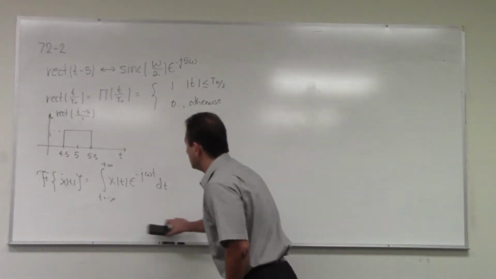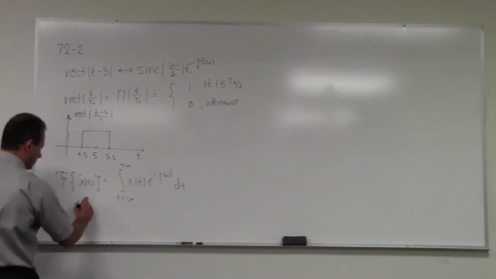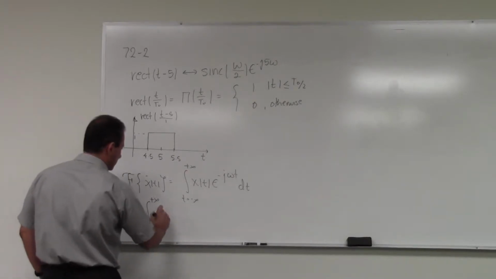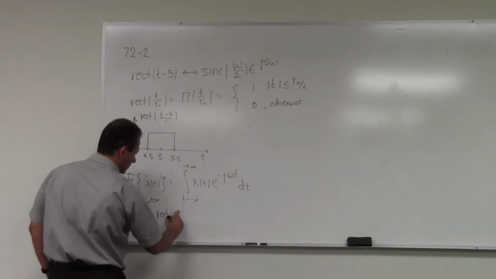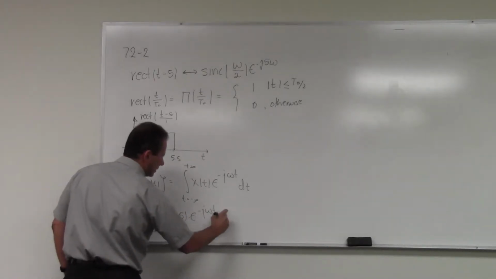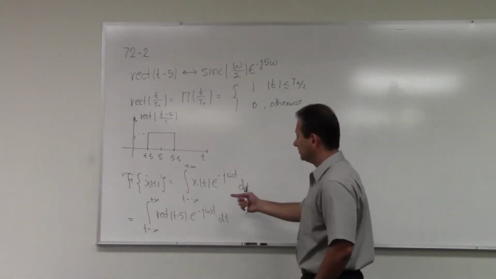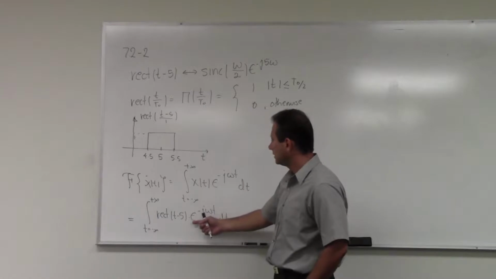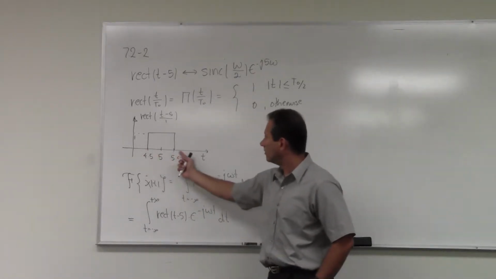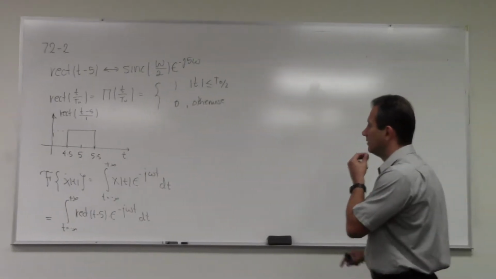So let me now evaluate this integral. This becomes the integral, when t goes from minus infinity to plus infinity, of rect of t minus 5 times e to the minus j omega t dt. Now this rectangular pulse is 0 before 4.5, and it is 0 after 5.5.